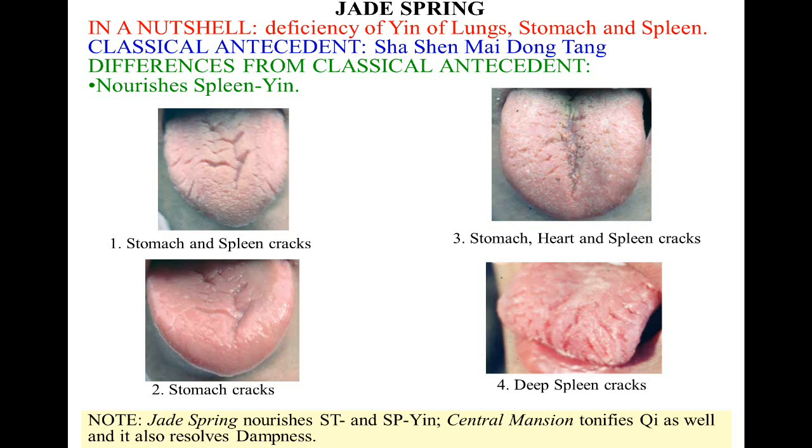This is completely without coating, and these are examples of it. All these tongues lack a coating. They've all got deep cracks indicating stomach yin deficiency, some of them also spleen yin deficiency. Notice those, for example, those transversal cracks on the sides indicating spleen yin, and so do these ones.